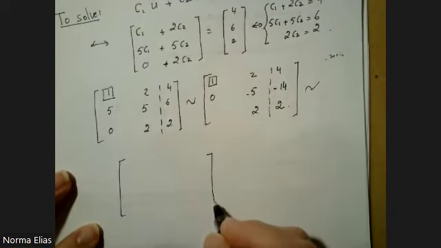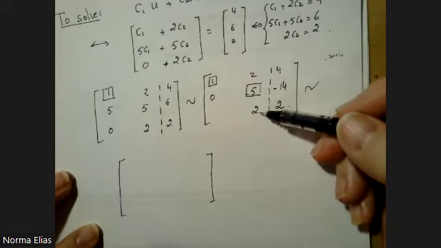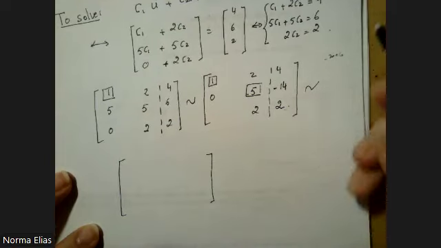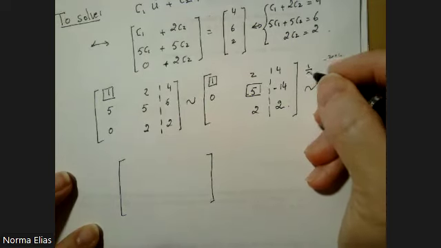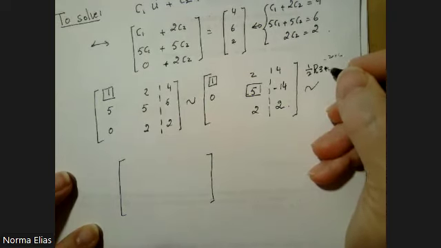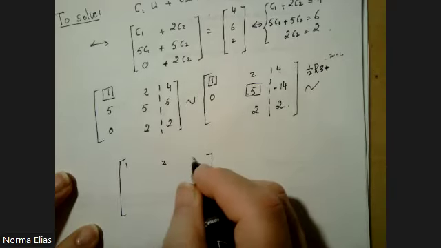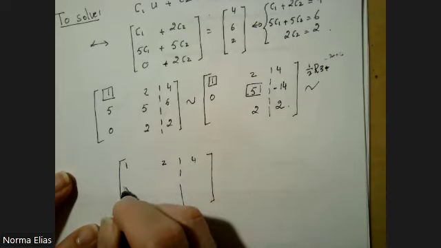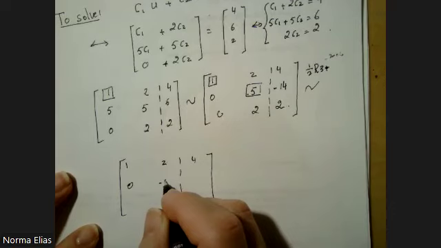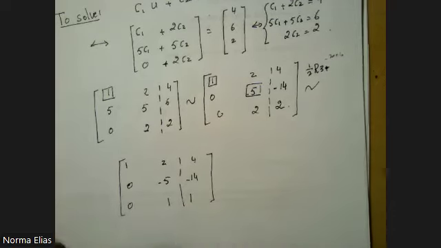So now we move here, create a leading one, and use this leading one to make this into a 0. Because this is much simpler, I'm going to divide the last row by 2, just to make the math a little bit simpler. I will have 0, minus 5, minus 14, 0, 1, 1.